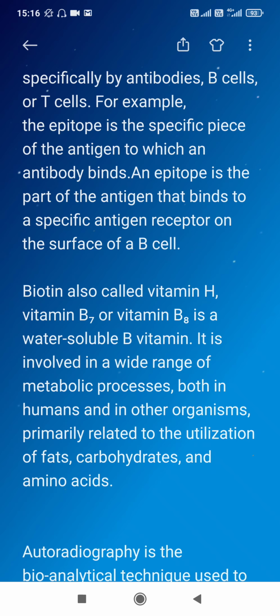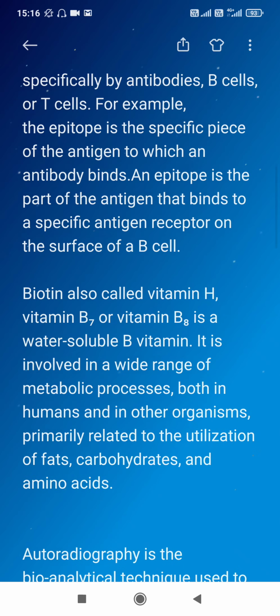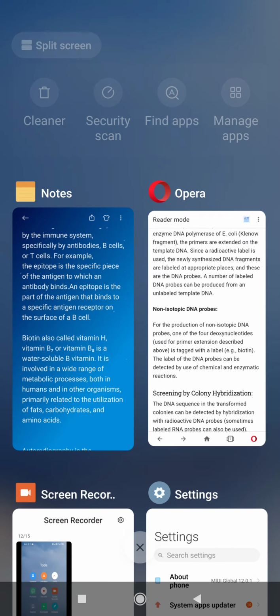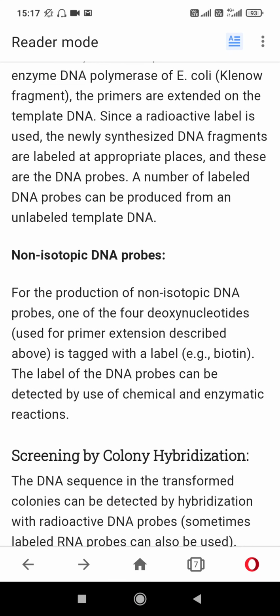It is a water soluble vitamin, and it is involved in a wide range of processes. So here we can use biotin as a tag to detect, and we can also go for some enzymatic procedure. Some enzymes can be used to tag them, like horseradish peroxidase. Alkaline phosphatase can also be used, as we will discuss later on.